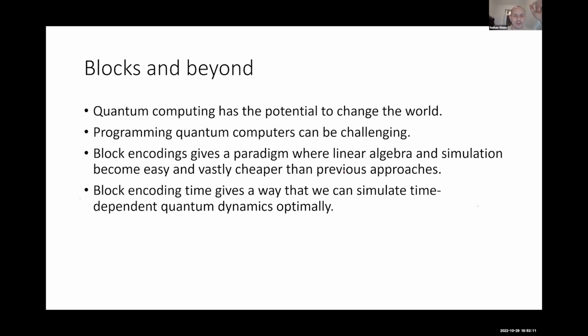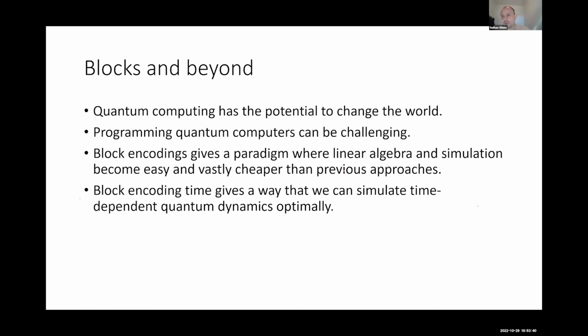Now, one of the things that I really want to bring up about this: I've hammered home all of this as saying that blocks are cool. Okay, they really are. Block encodings really are the most flexible paradigm that we've come up with in quantum computing, and a host of ordinary algorithms, such as many quantum walk algorithms, for example, as well as Hamiltonian simulation and linear systems.